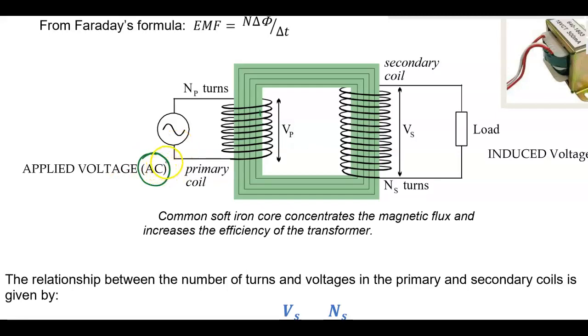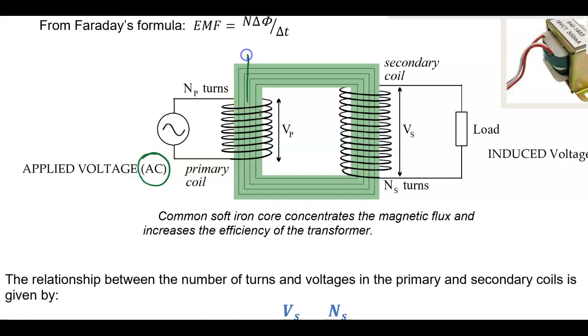Because it's connected to an AC voltage, the current around that solenoid, which is essentially what it is, varies sinusoidally. As a result, the magnetic field that it generates is also varying sinusoidally.